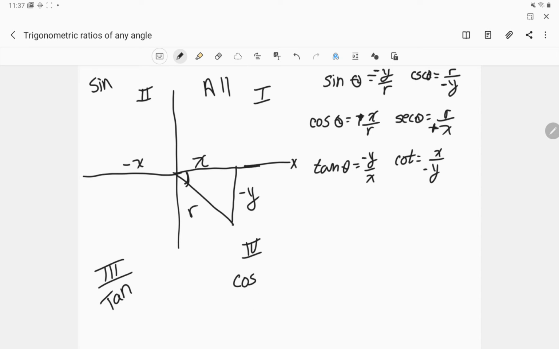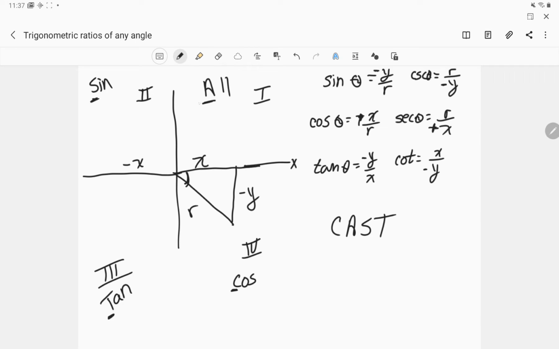The way to remember that, and different teachers kind of teach it differently, I'm old school, obviously. And so I remember it by something called the CAST rule. C-A-S-T spells cast. The only problem with that is you have to remember that the C doesn't start at quadrant 1, it actually starts at quadrant 4, and you go around counterclockwise.